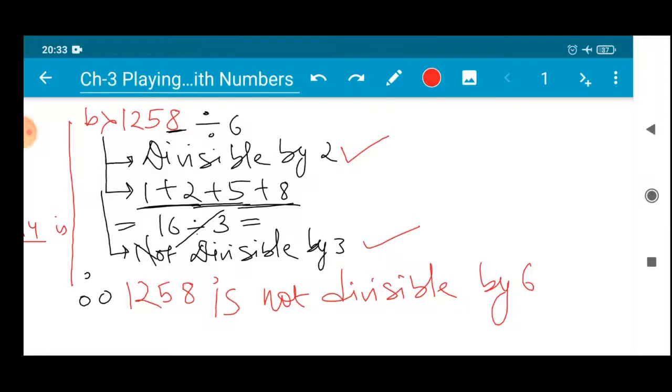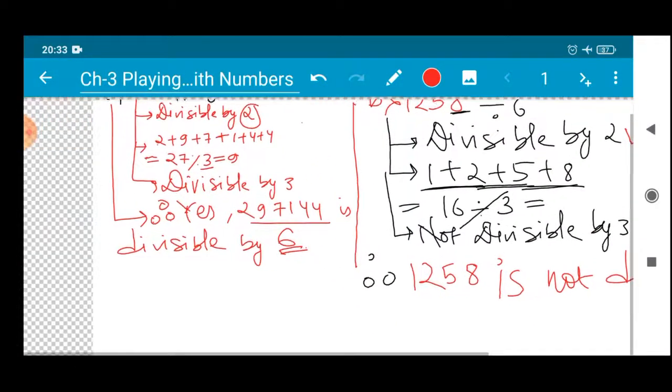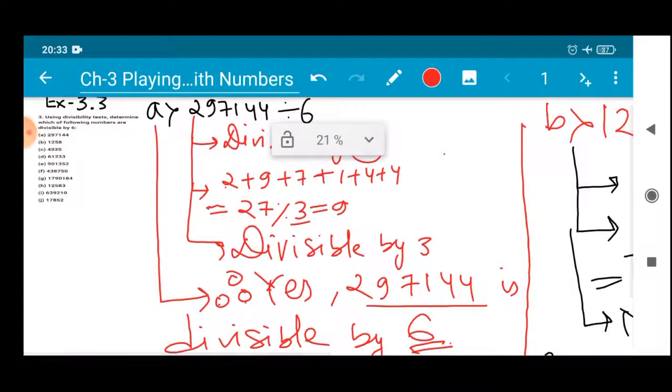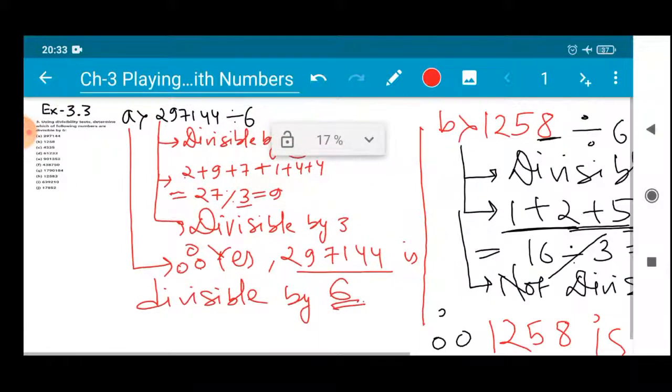If one is able to divide but the other is not, like you saw here in question 3, then we consider that the number is not divisible by 6. Okay, so this is how we perform the test. Okay, so the next number we have is 4335.